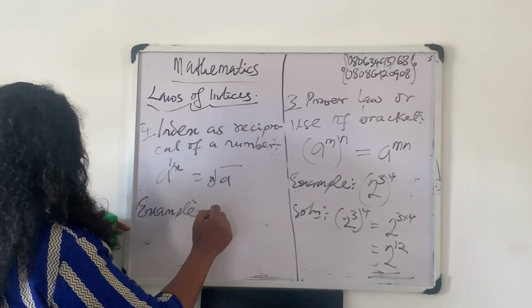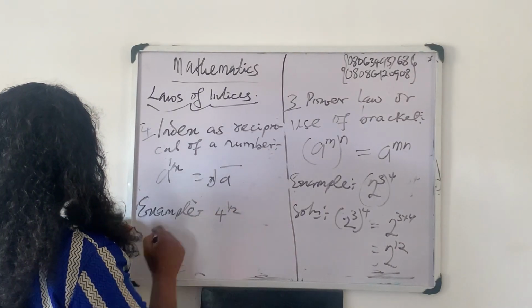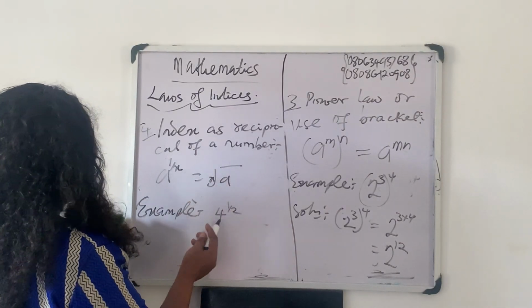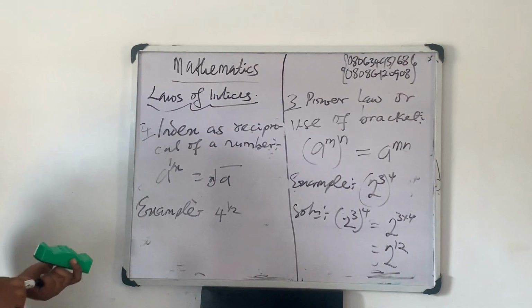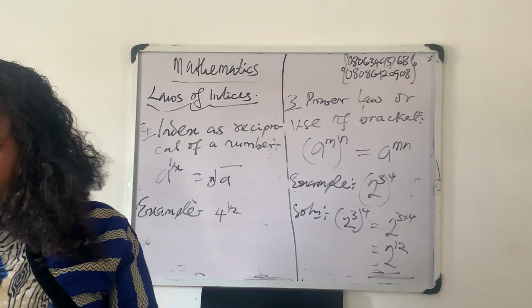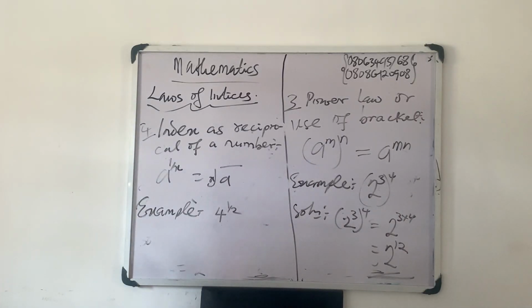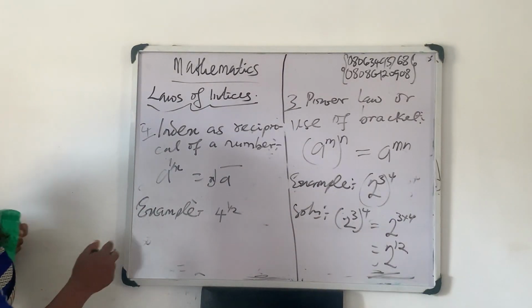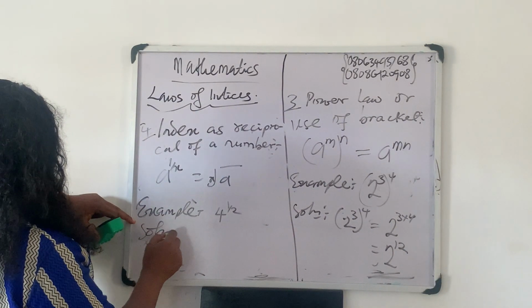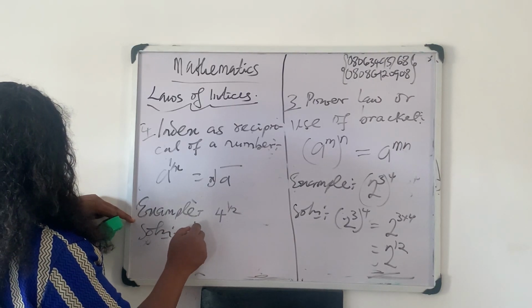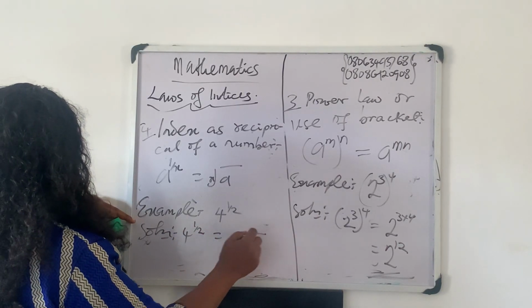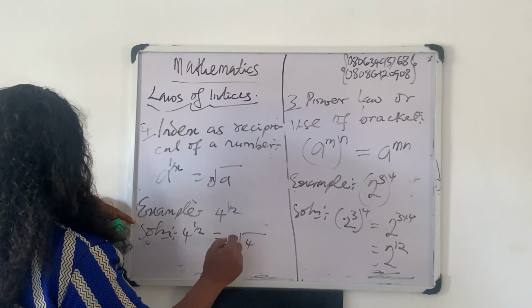If you have, let's say, 4 raised to power half, if you're asked to solve this using the reciprocal of a number, solution: 4 raised to power half is equal to root 4.